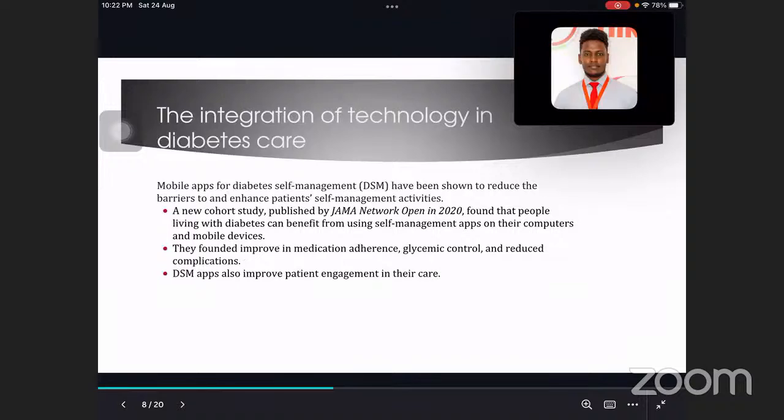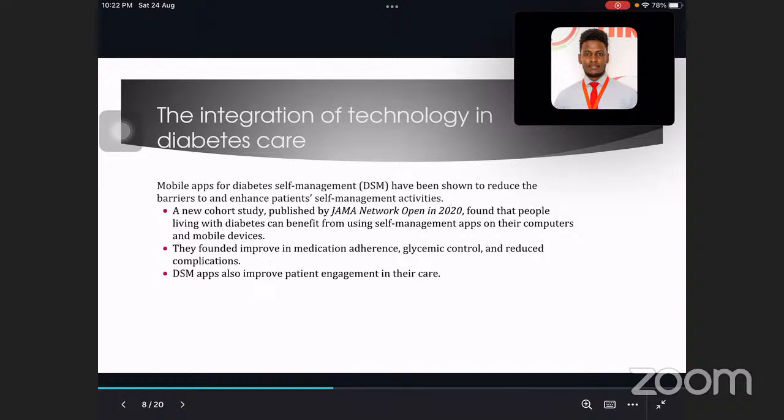Mobile apps for diabetes self-management have been shown to reduce the barriers to and enhance patient self-management activities. A new cohort study published by JAMA Network Open in 2020 found that people living with diabetes can benefit from using self-management apps on their computers and mobile devices.